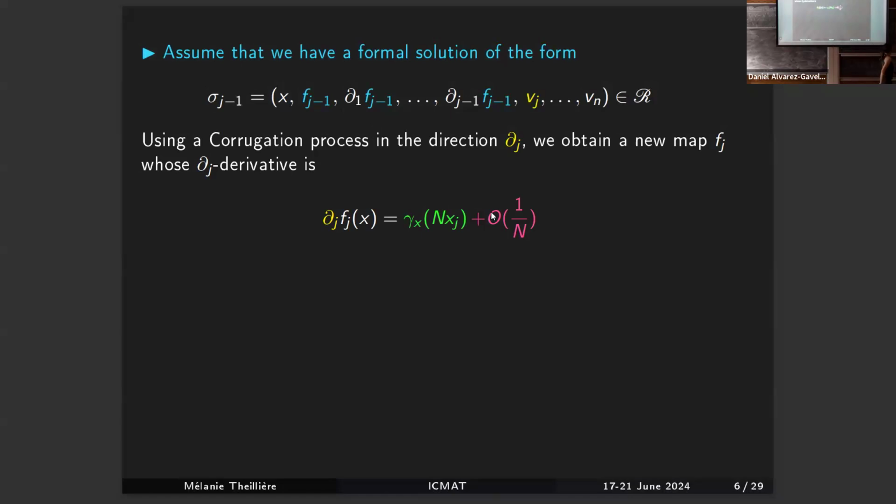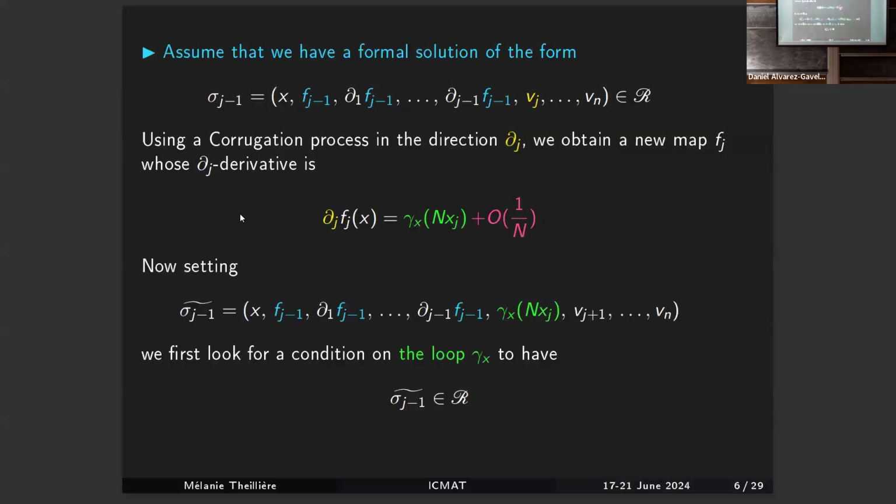We want to use the previous formula, using a corrugation process in the direction dj. Because the derivative in the direction dj is not inside the formal solution, we want to modify in the direction dj the initial map f_{j-1}. So we obtain a new map, and we managed to obtain that for the new derivative in the direction dj.